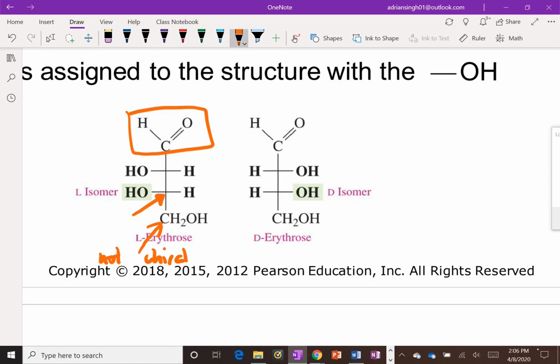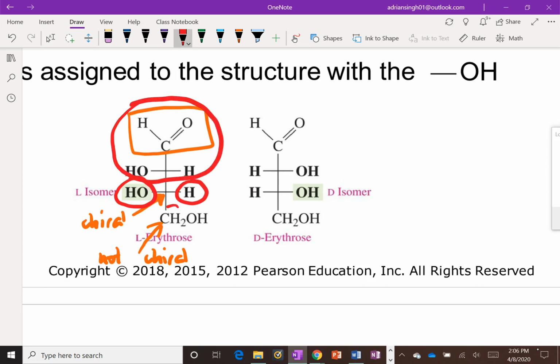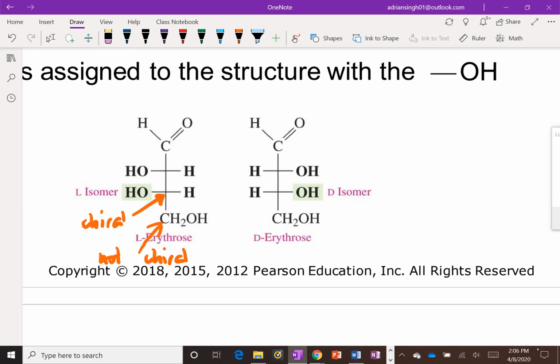So then let's go to the next one. Is this one chiral? And the answer is yes, because it's connected to an OH, it's connected to an H, it's connected to all of this stuff here, and that's different than the 4th bond to it, which is to the CH2OH. So that carbon second from bottom is going to be chiral, and that's the one that we focus on.